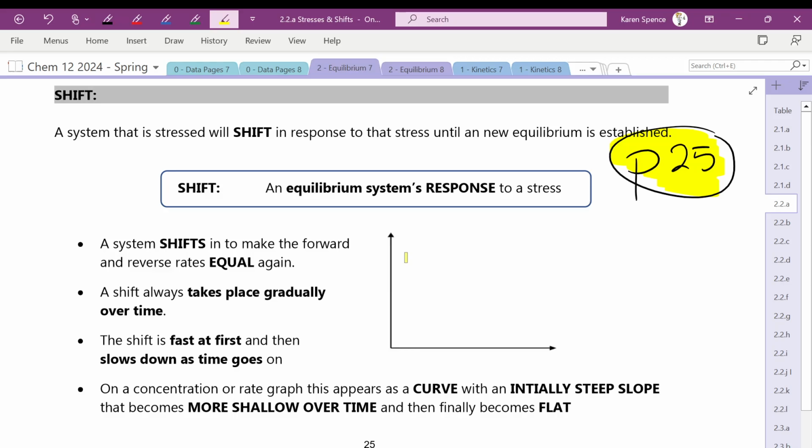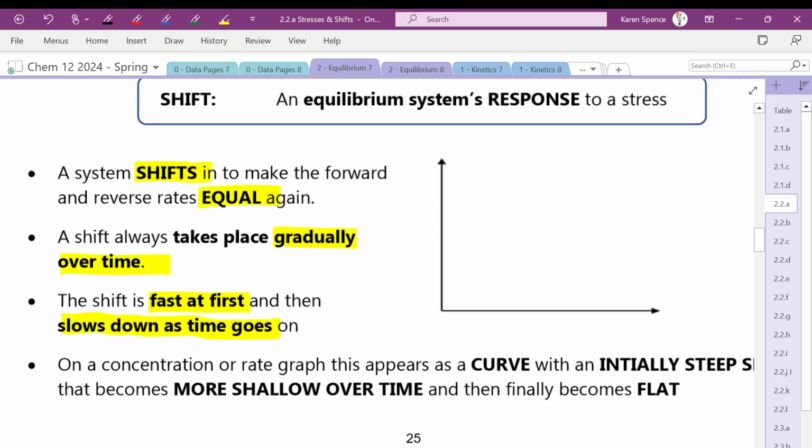However, shifts take place over time. So you're not going to see a spike when you're shifting. You're going to see a gradual transition. We will shift until the reverse and forward rates are equal again, and the shift will always take place gradually over time. The shift is fast at first, and then it slows down as time goes on.